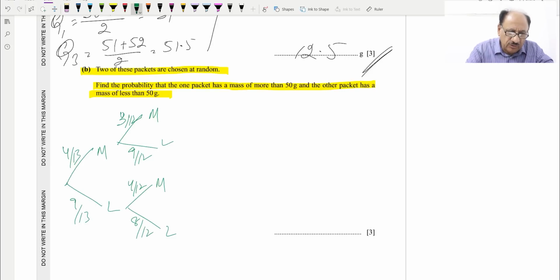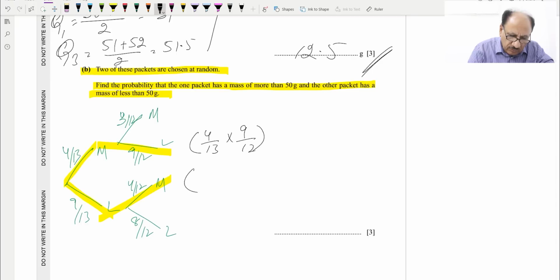And now we need only these two branches, because they are saying find the probability that one packet has a mass of more than 50, more and then less, and then less and more. So only these two branches we require. If we multiply, this will be 4 over 13 into 9 by 12, and this one will be 9 by 13 into 4 by 12, and then we will add these two and we will get the answer.